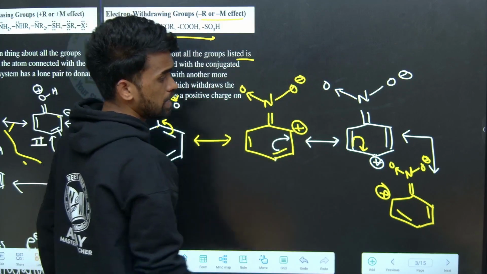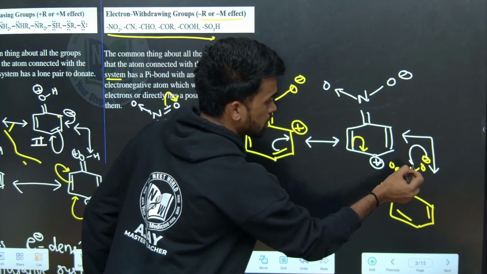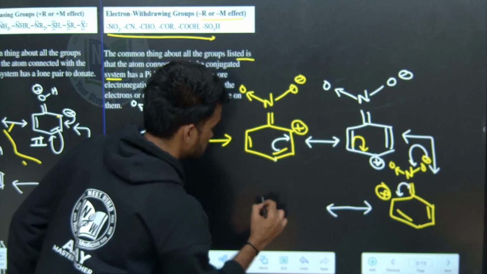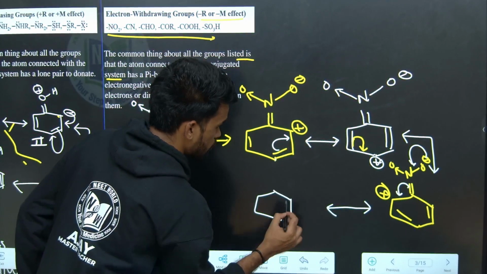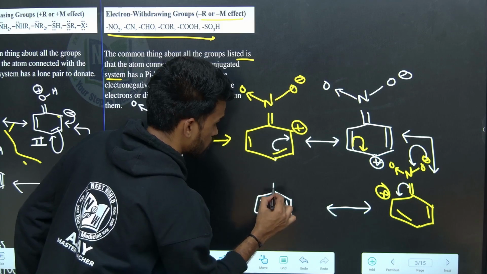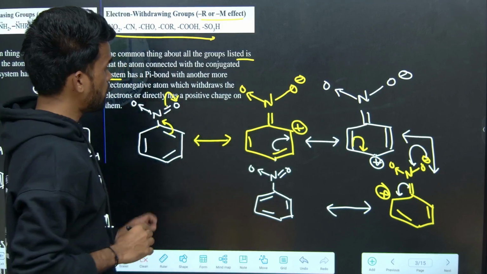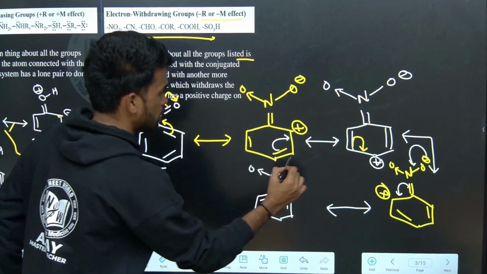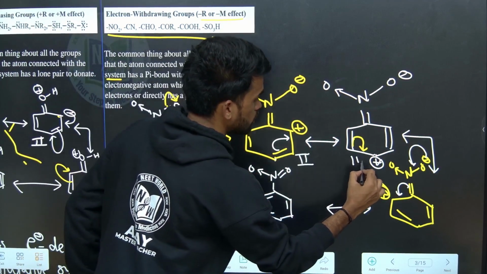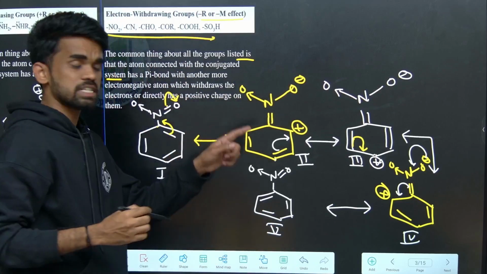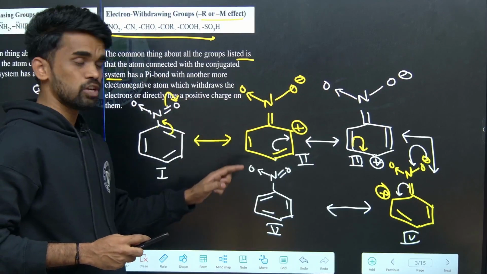So finally, you just shift this back and this will be written like this. So how many resonating structures here also? 1, 2, 3, 4 and 5. So these are the 5 resonating structures we can write when an electron withdrawing group is present.